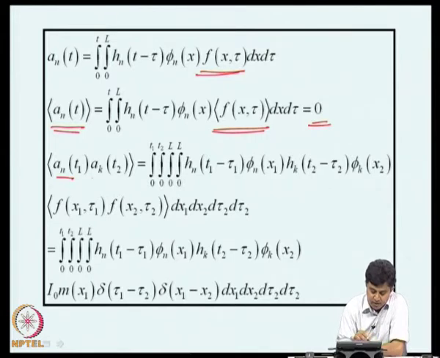So, here each one a n of t itself is expressed as a double integral, therefore, when you multiply these two we get 4 integrals here, and the integrand will contain the expectation of f of x1 comma tau 1, f of x2 comma tau 2. For this we have the model, that is, this is given by I naught m of x1 delta of tau 1 minus tau 2 delta of x1 minus x2. So, the integration is on x1, x2, tau 1 and tau 2.